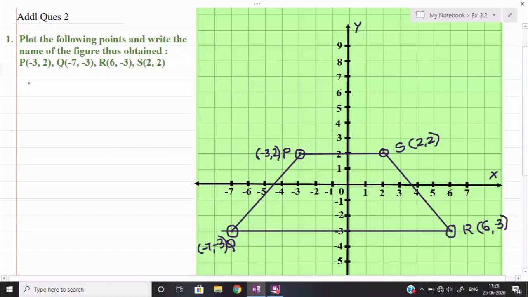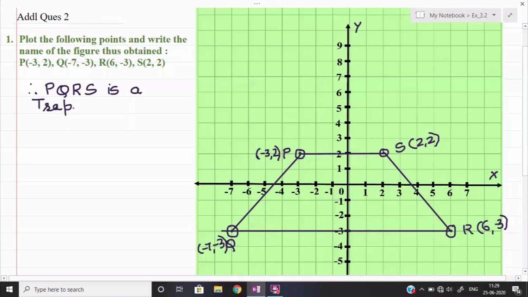So we can say that PQRS is a trapezium, okay.